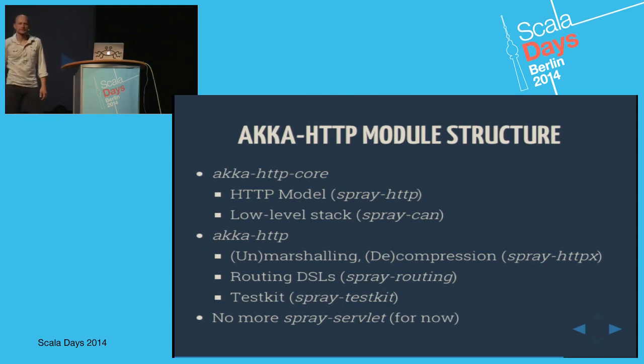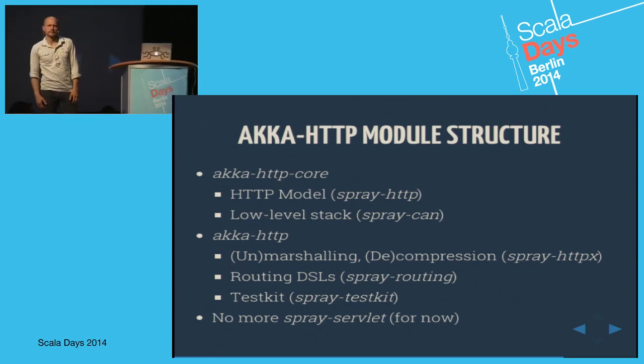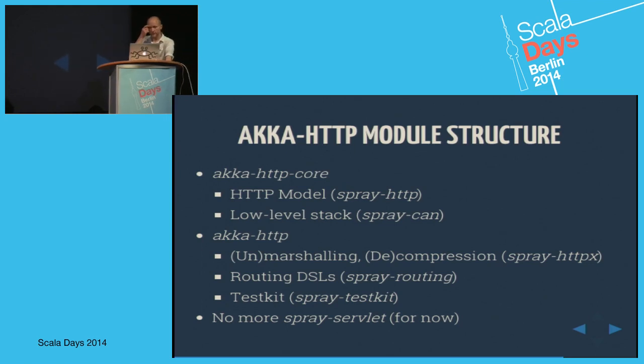Yes, more questions. There are 3 layers of abstraction in Spray client. Yeah, so the question is, when you look at the client side in Spray, then you have in spray-can 3 different API levels. You can decide to manage HTTP connections yourself.